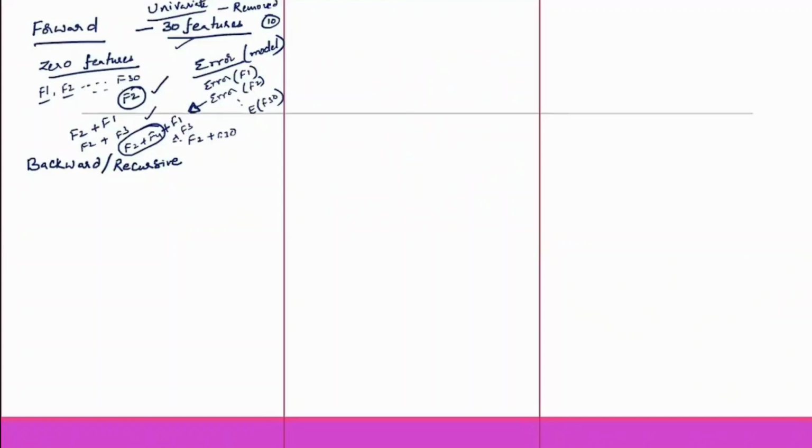But let's say after adding 15 variables, if none of the remaining 15 variables is able to reduce the error further, then we say it is saturated and only 15 variables will be included into the model. The remaining 15 variables will be knocked out.